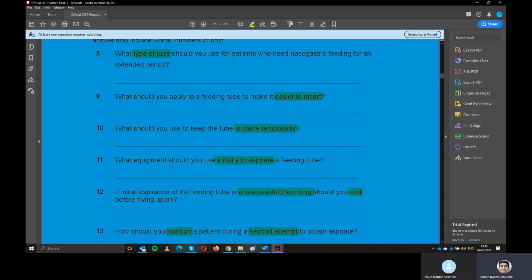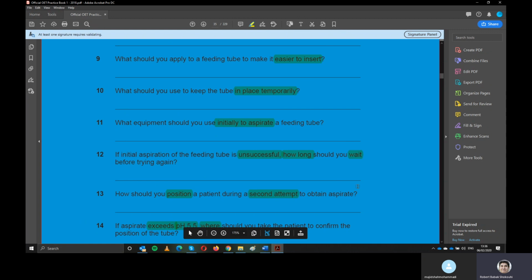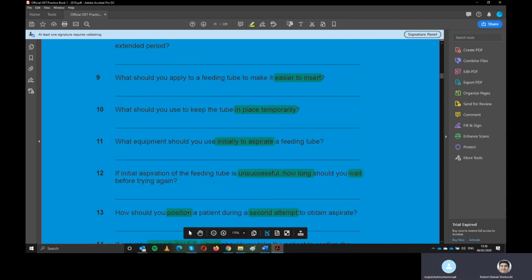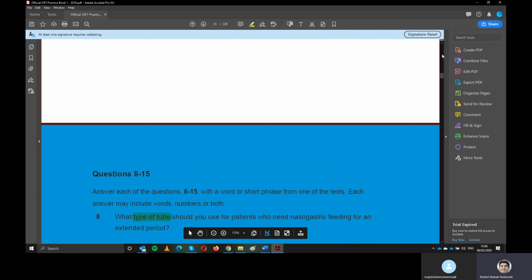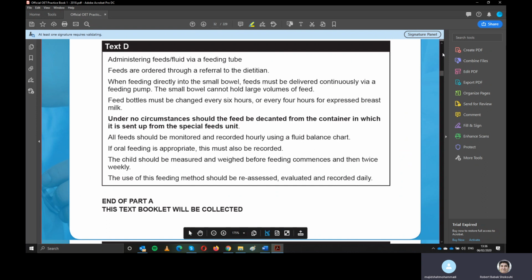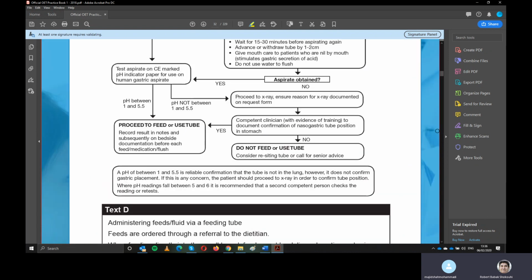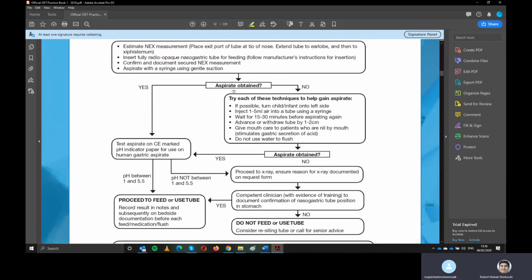Initially aspirate, if unsuccessful how long to wait, the position in the second attempt, and pH exceeds 5.5. These are all probably in the next part, that is part C. So we go there and see. Initially aspirate with a syringe. So we first use a syringe.